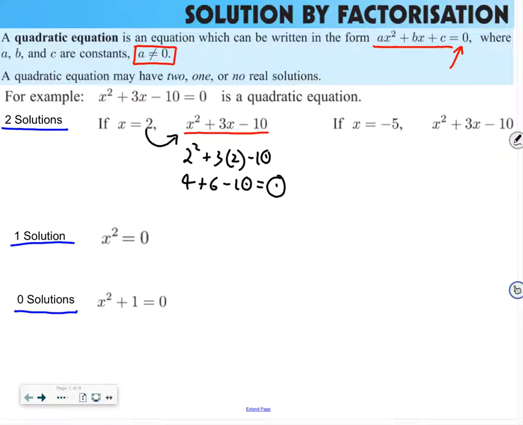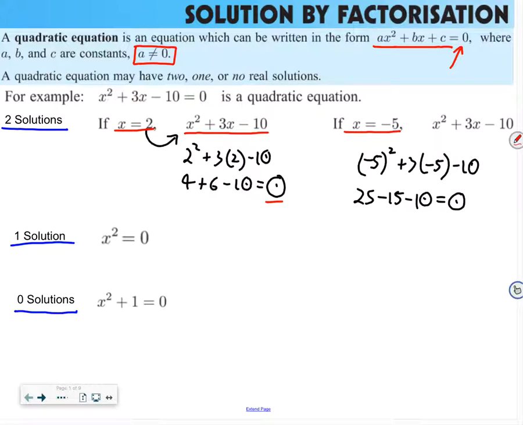Notice also if I plug negative 5 into the same quadratic, negative 5 squared is a positive 25, 3 times negative 5 is minus 15, minus 10, and that's equal to 0. So we see that we had two distinct values, x equals 2 and x equals negative 5, where we got a solution of 0. So that is an example of two solutions.